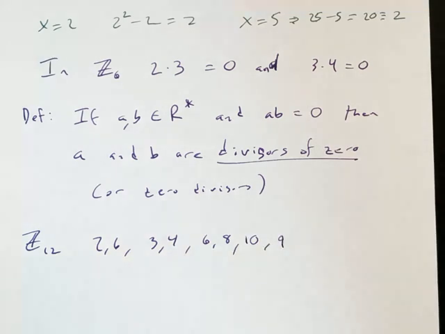Okay, wait a second. 2, 3, 4, 6, 8, 9, 10. The ones I missed, what numbers are missing up there? 11, 5, 1, 7.